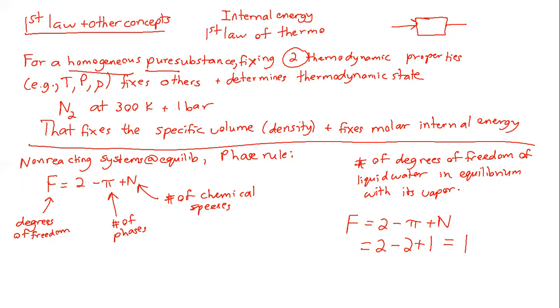If you imagine you're approximately at that state, then as you can see, you specify one of the thermodynamic properties and that fixes all the others. So if I tell you a certain pressure of steam and it's saturated steam, so it's effectively at equilibrium, I only have 1 degree of freedom. So knowing the pressure of that steam automatically fixes everything else, including the temperature of the steam.